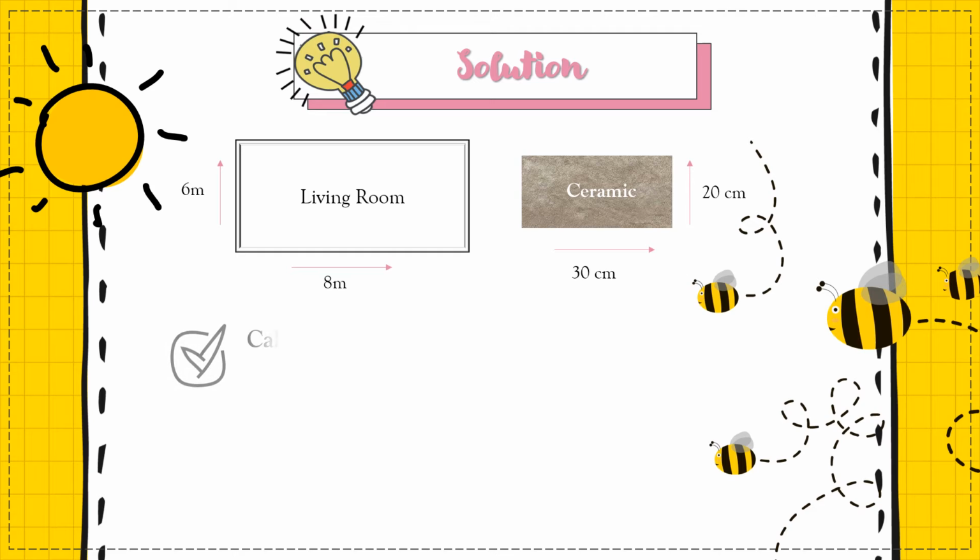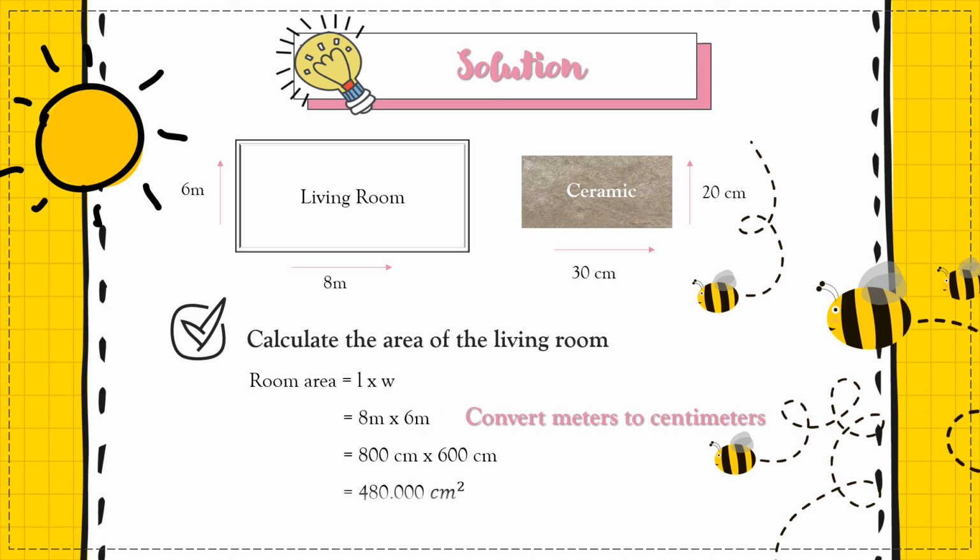The first step we have to do is find the area of the living room using the formula for the area of a rectangle. Room area equal length times width. The length is 8 meter times the width is 6 meter. Then convert meter to centimeters.